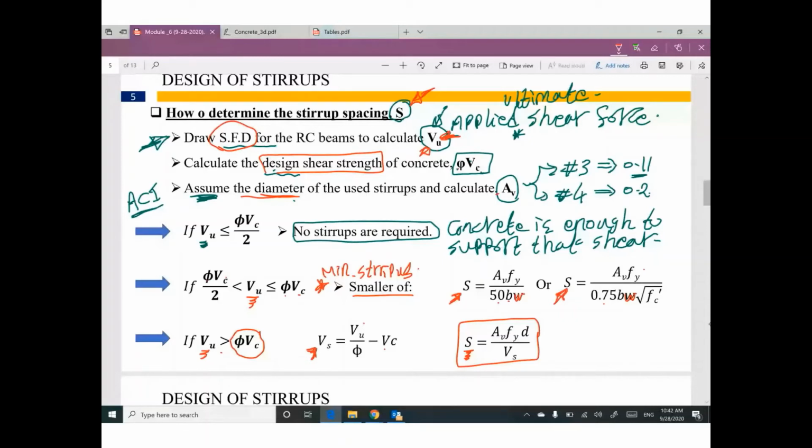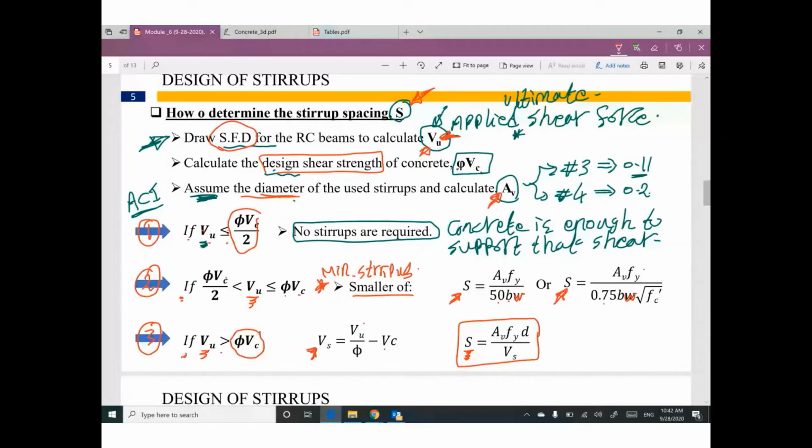We have three situations. Start one by one. If you are not here, check this one. If you are not here, then you are in the third one. The first condition, if V ultimate is smaller than or equal to this value, no stirrups required. Don't put any stirrup in this beam. Concrete is enough.